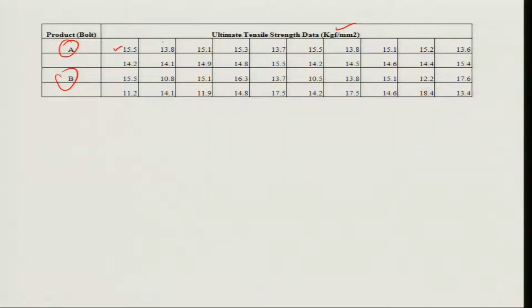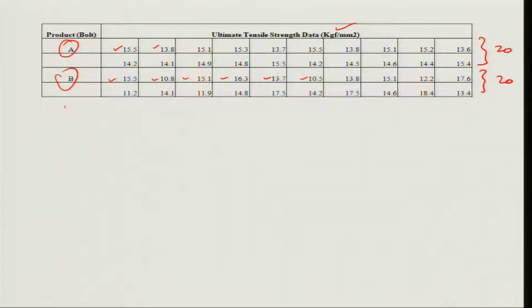This 15.5 for example in one case, 13.8 in another case, and so on. Similarly for B, these different entries are made in this table, corresponding to the ultimate tensile strength with reference to the sample number. There are exactly 20 specimens of each type A and B which have been destructively tested.